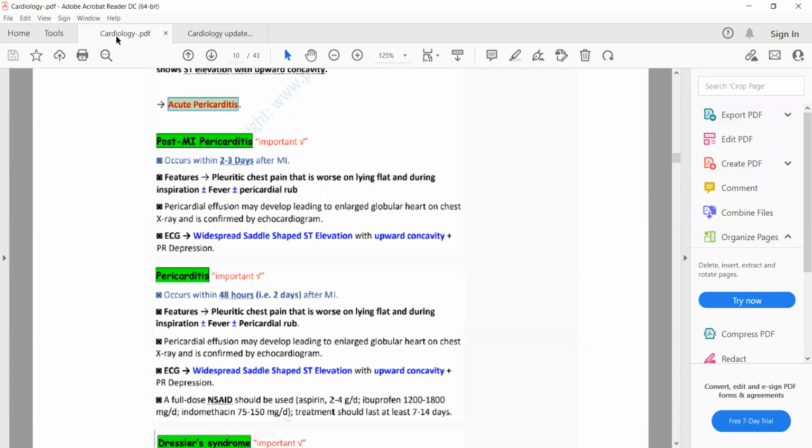So if a patient with a history of MI presents to you 2 days after MI and complains of central chest pain or pleuritic chest pain that is worse on inspiration and on lying flat, then you will think of pericarditis. The patient can also have fever, and on auscultation, you can hear a pericardial rub.